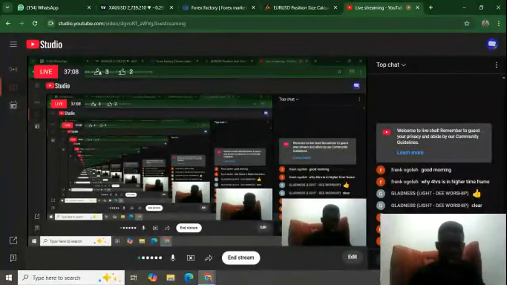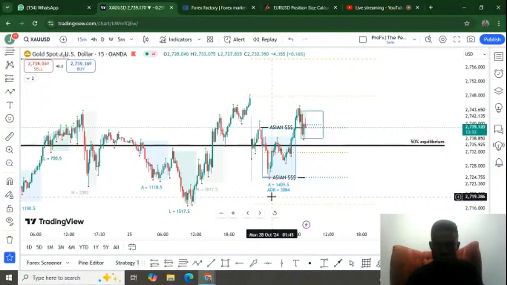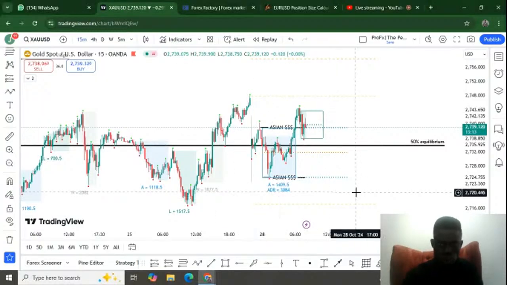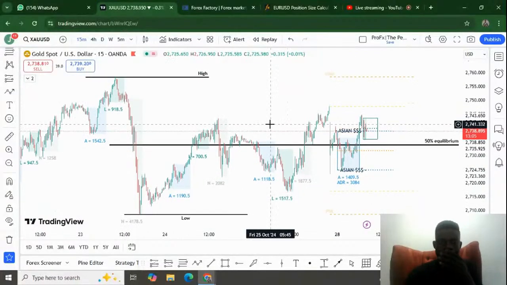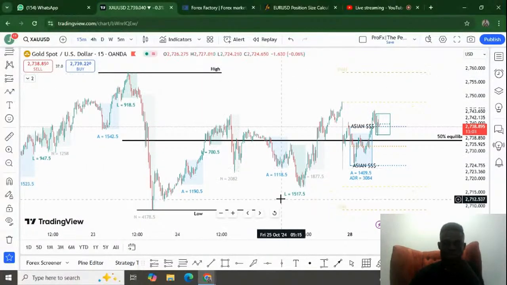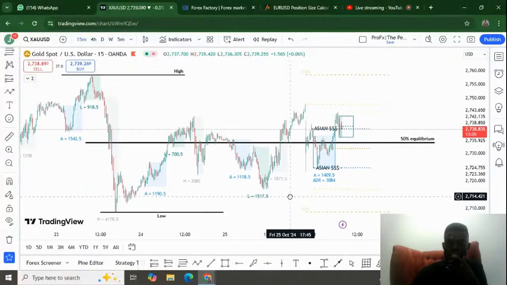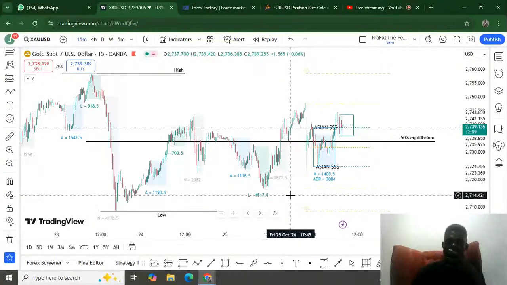I need the answers. Are we above 50% equilibrium or below 50% equilibrium on gold, between my high and my low? Is price action currently above 50 or below 50% equilibrium?